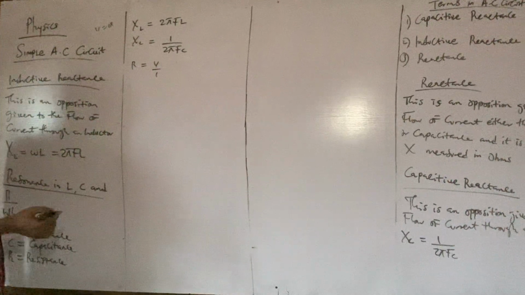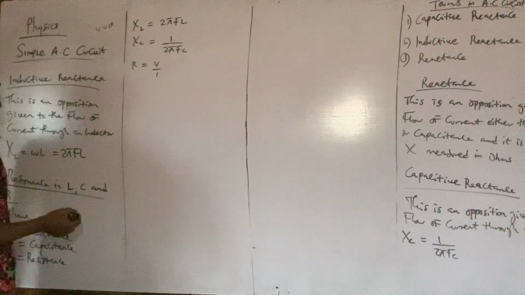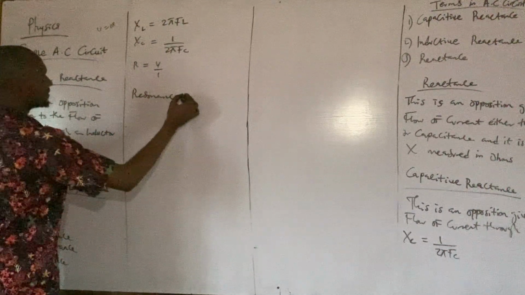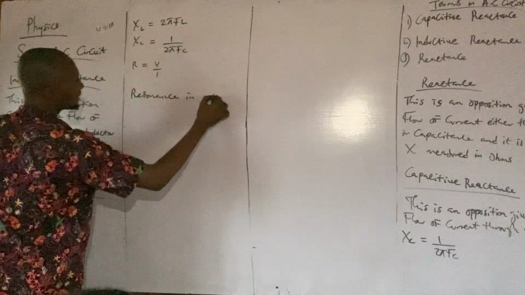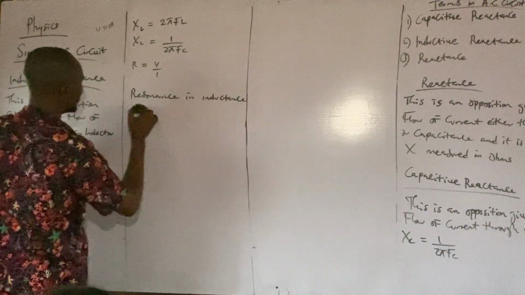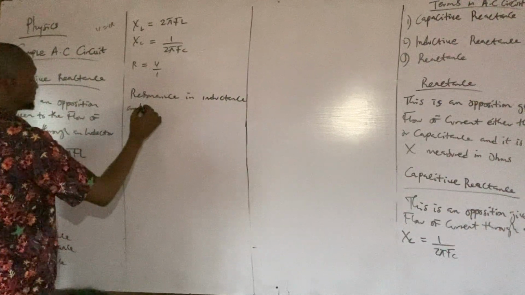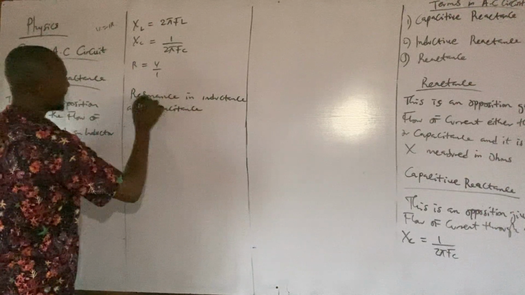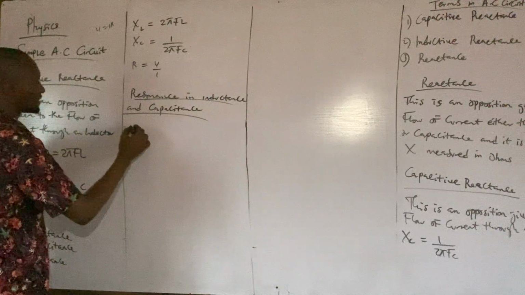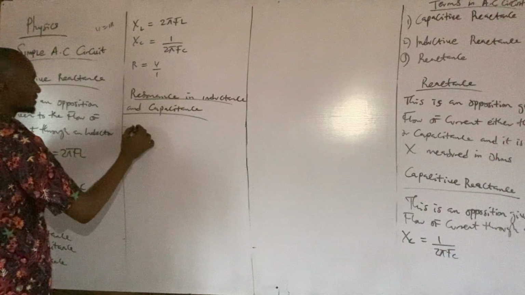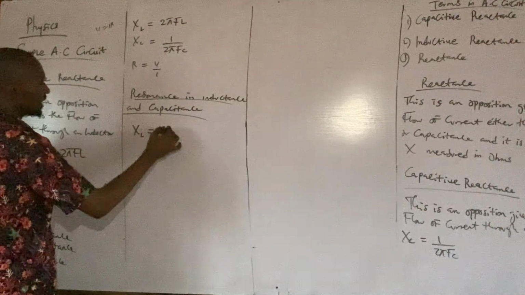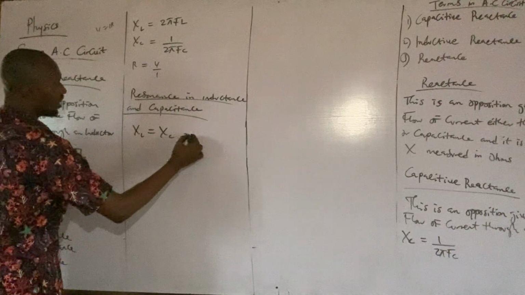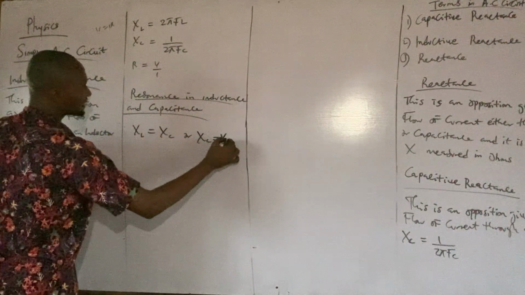Now, let's talk about resonance in inductance and capacitance. Here we say that XL is equal to XC, or XC is equal to XL.